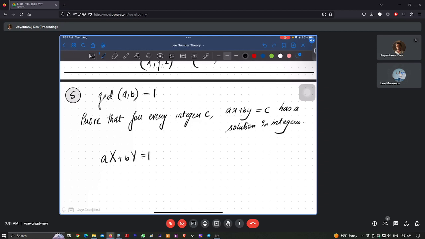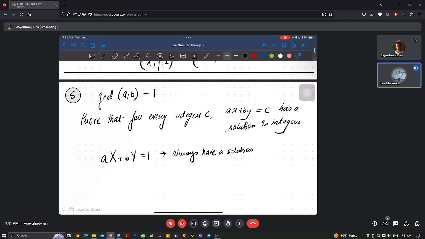This always has a solution, right? Yeah. This is because of the Euclidean algorithm and GCD is 1, right? So now we can just multiply both sides by c.